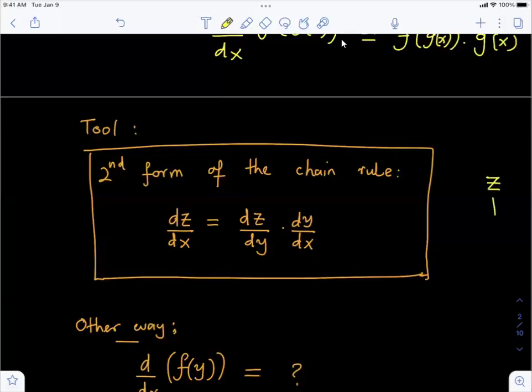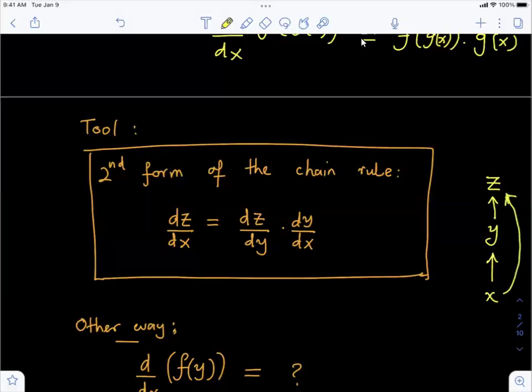and the function z is written in terms of variable y, and variable y is written in terms of variable x. In other words, z is given in terms of y and y is given in terms of x. One can argue ultimately z is dependent on only x.